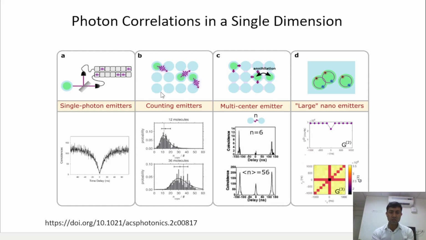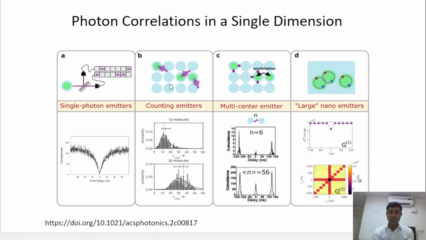Secondly, according to figure B, if we observe a group of quantum emitters, we can count their number by using a technique called COPS, or counting by photon statistics.